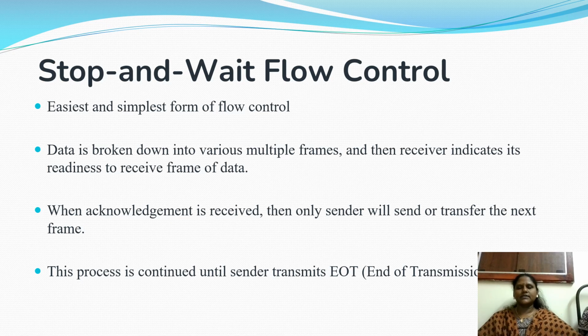Once the receiver receives the data, it acknowledges to the sender that it received the packet. Once the acknowledgement is received by the sender, the sender transmits the second packet. This process will continue until the sender transmits the end of transmission, called EOT. So this is a very simple and easy method of flow control.